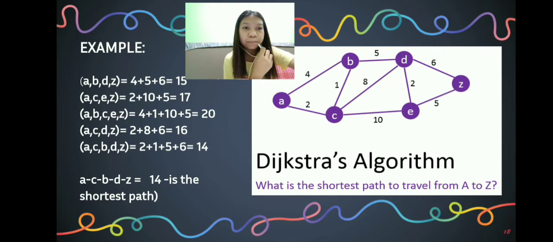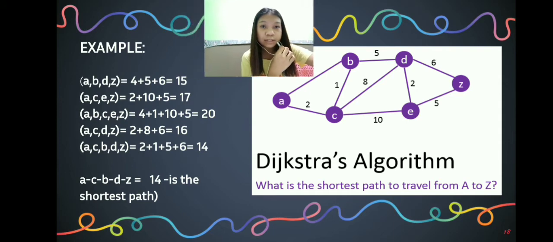Then from B to D is 5. Then from D to Z is 6. So add it all, and the result is 15.